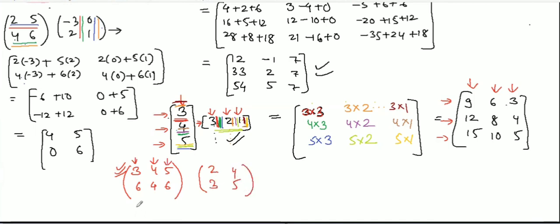The number of columns of the left matrix should equal the number of rows of the right matrix. But here the number of columns is 3 and the number of rows is 2. This is not equal, so multiplication will not be possible.